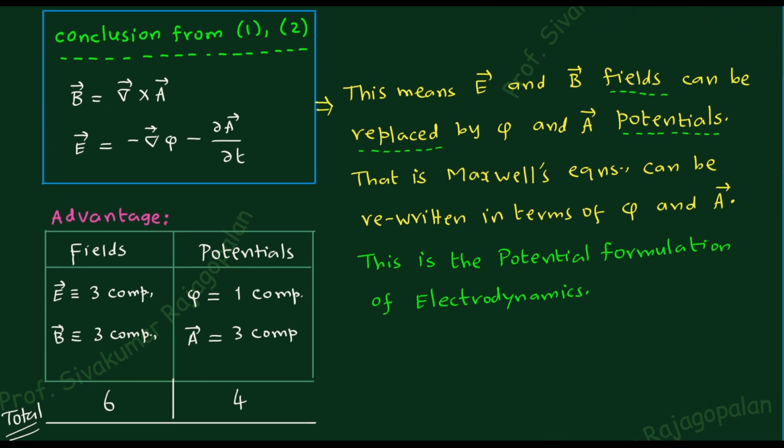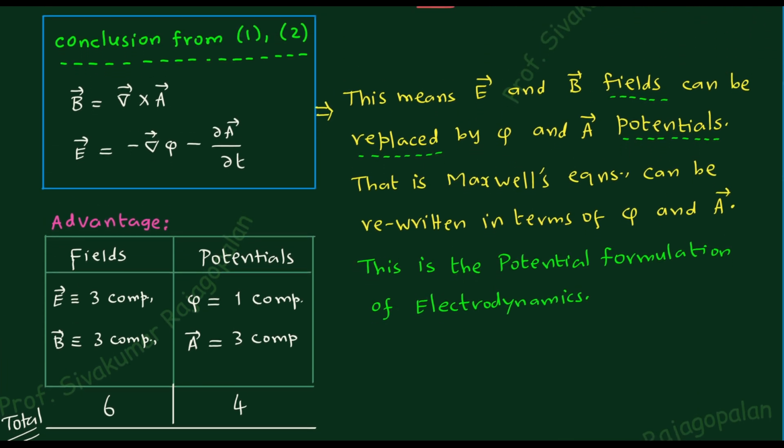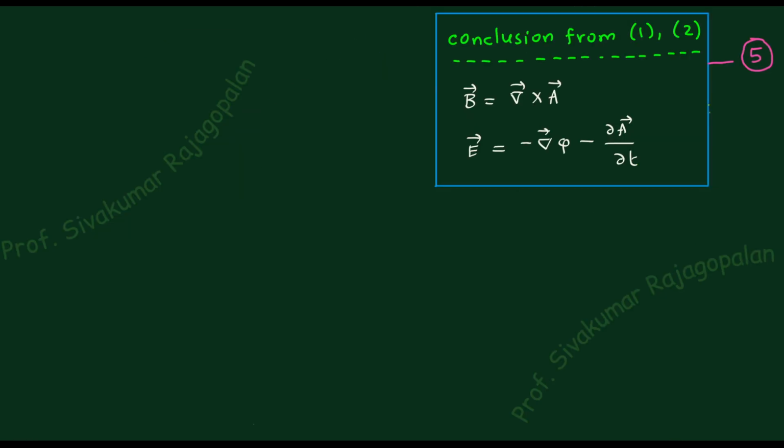So once you understand that, we have made the conclusion about equations 1 and 2. Let us go back to the remaining two equations. We have the conclusion from the homogeneous equations. Let us go to the inhomogeneous differential equation and see what can be done. Keep this equation; I'll move on to another place. This conclusion is from equations 1 and 2, which are nothing but the homogeneous Maxwell's equations.